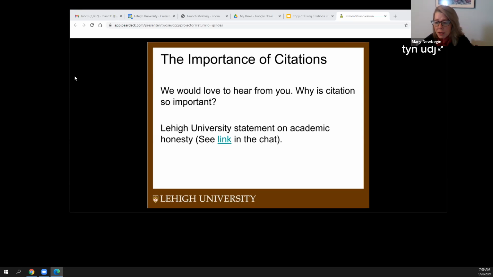You know, definitely that's the reason behind why it's important to attribute a source to the original creator of that quote or that idea. You know, ideas are considered intellectual property, and as members of an academic community, we share those ideas.